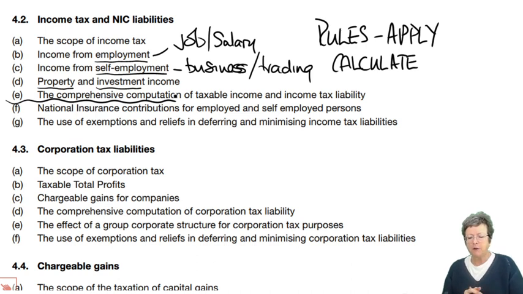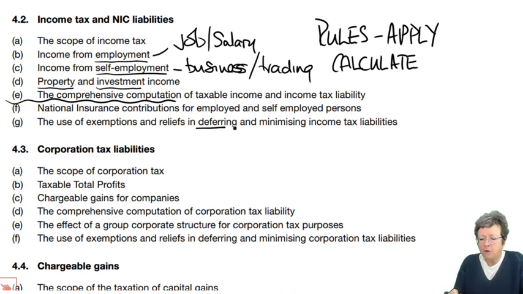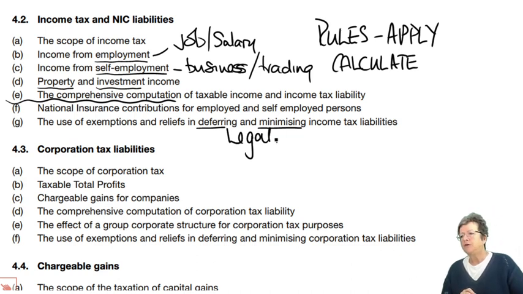NIC for employed and self-employed people, exemptions and reliefs for deferring or minimizing your tax. There are things you can do. Now, those are all legal. Okay, so we've worked out our tax, brought all the information together, put it in the computation, and what we have to do now is to see if there are legal ways we can reduce that tax within the legal system.